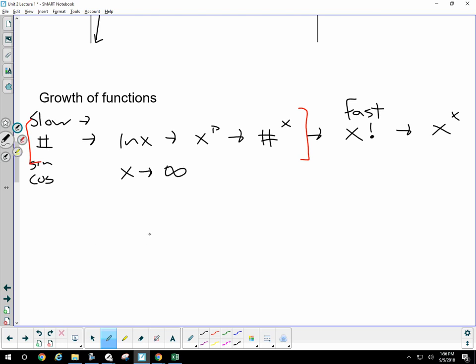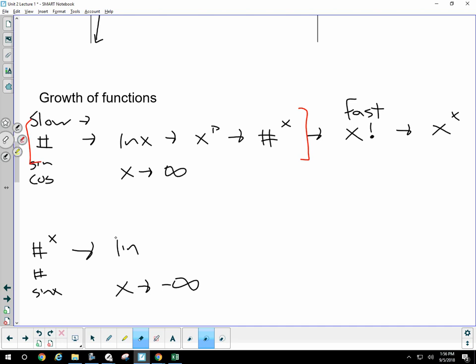If I went in the other direction, if x was approaching negative infinity, all of a sudden this guy goes all the way down to the bottom, and it is a no growth function. So that ends up being on the bottom. Yes? Just that guy. And stop there.